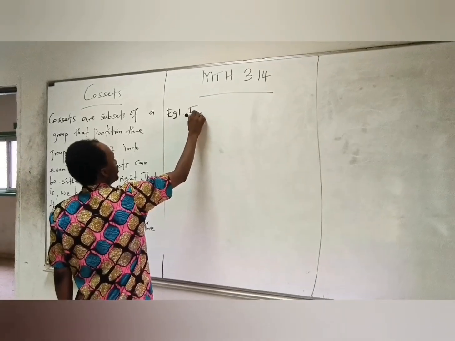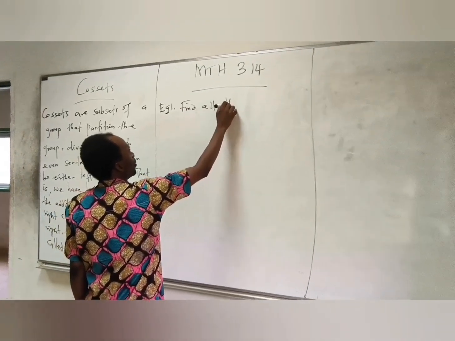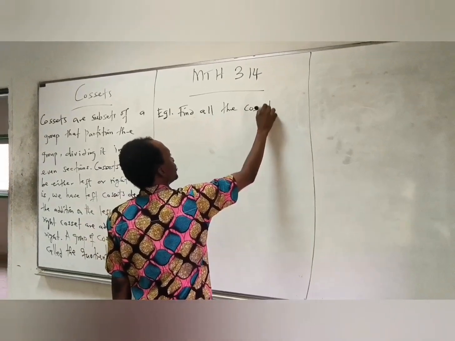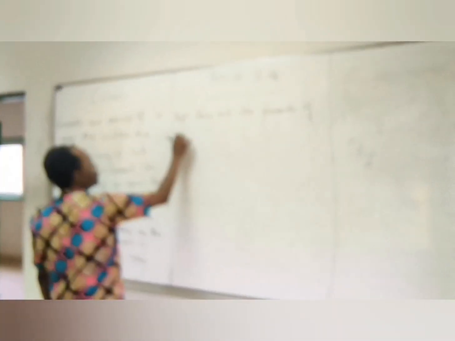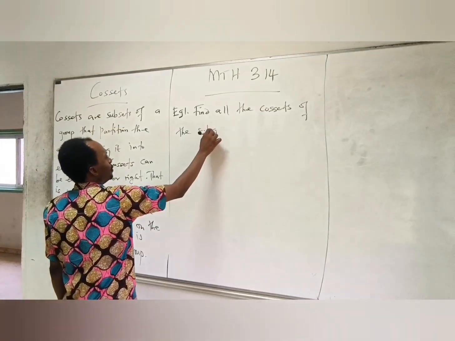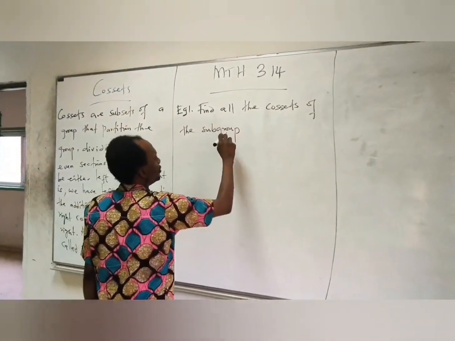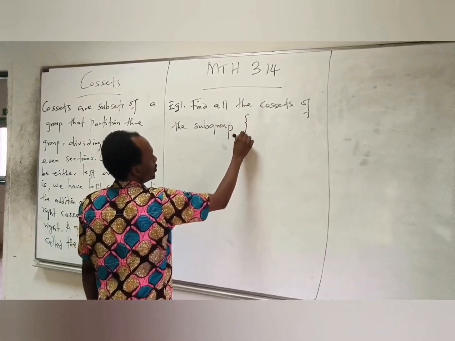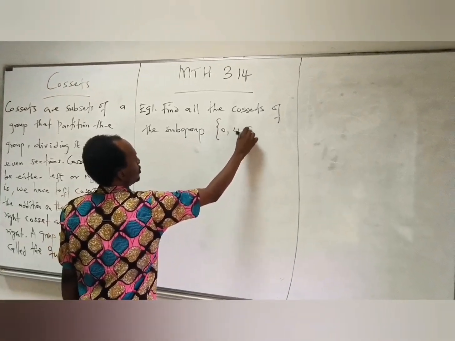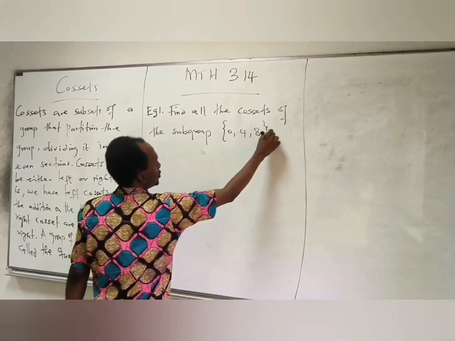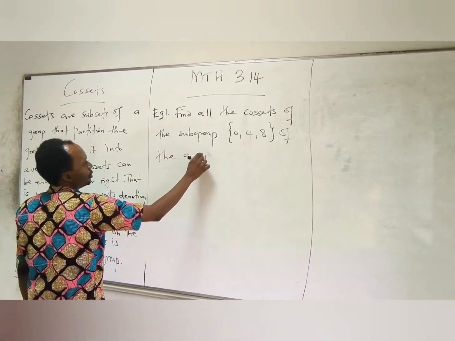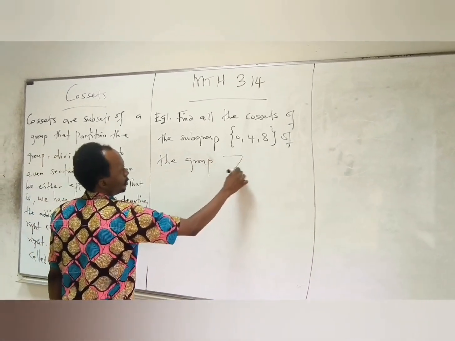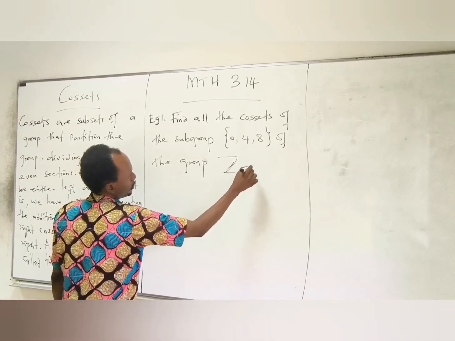Let's find all the cosets of the subgroup of the group Z12.